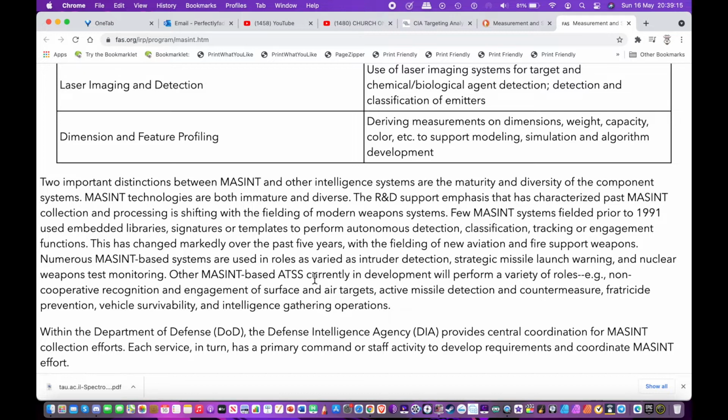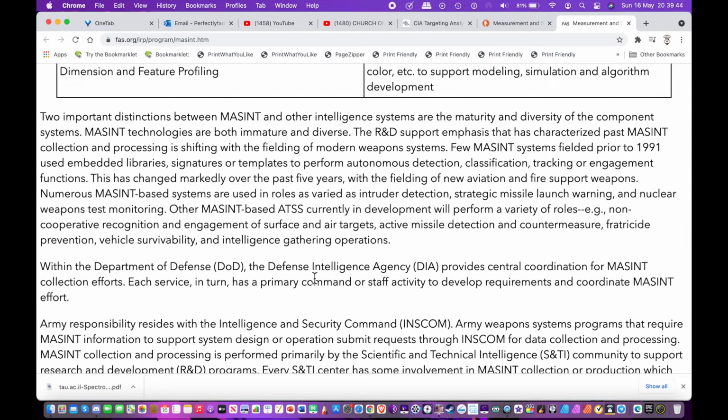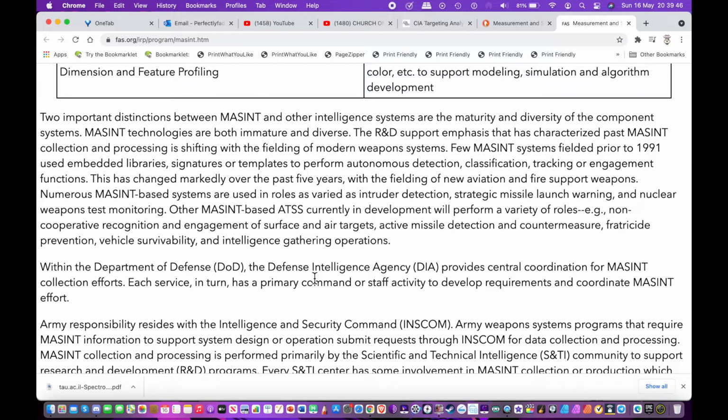This has changed markedly over the past 5 years, with the fielding of new aviation and fire support weapons. Numerous MASINT-based systems are used in roles as varied as intruder detection, strategic missile launch warning, and nuclear weapon testing monitoring. So, I bet that's a lot used in North Korea.